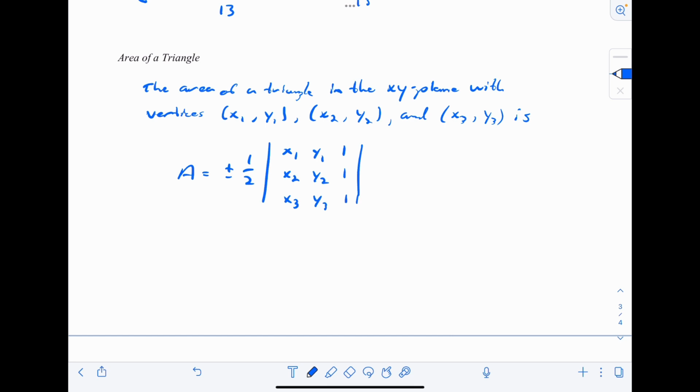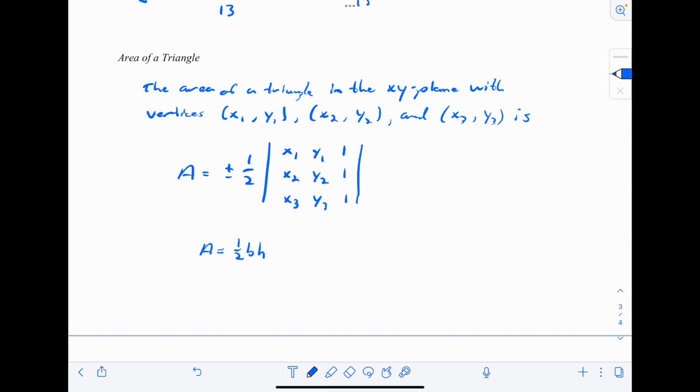So very simply, if you think about the area formula for a triangle that you probably learned back in geometry, if not earlier, right? Area of a triangle, 1/2 base times height. So basically you've got that plus or minus 1/2 in there, and then times the determinant of that matrix, where you're just taking those ordered pairs, attaching a 1 in a third column, and we're just going to find the determinant and solve.